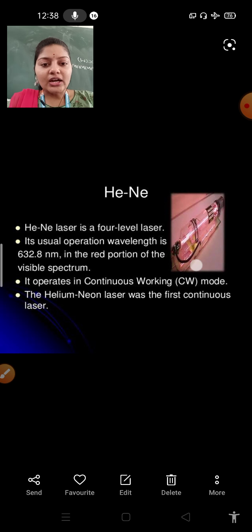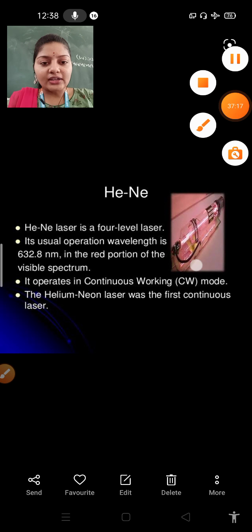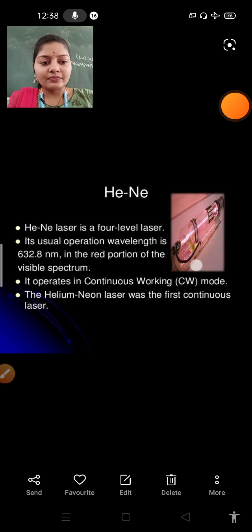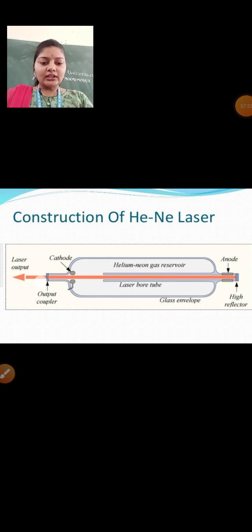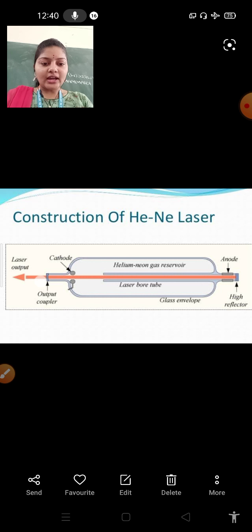Now coming to the construction of the helium neon laser. The helium neon laser consists of a gas discharge tube. This discharge tube contains a helium neon gas mixture in the ratio 10:1. That means the neon atoms are at 1 torr of pressure and the helium atoms at 10 torr of pressure.